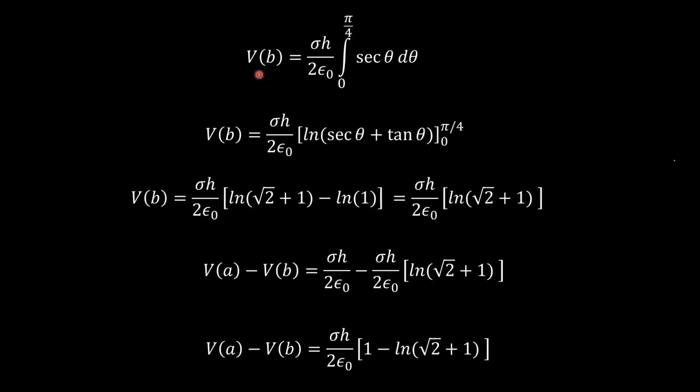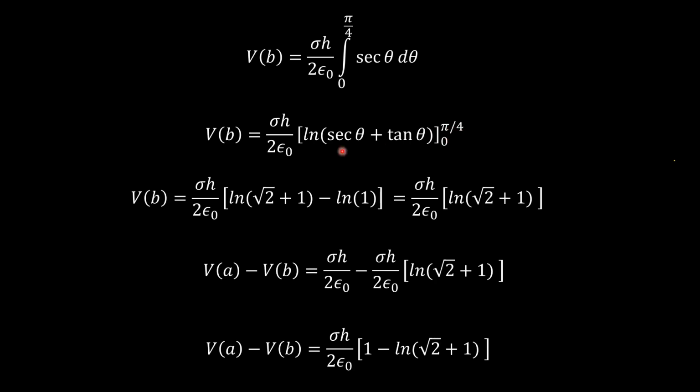Now we have to integrate this one. So if you integrate secant theta, you will get natural logarithm of secant theta plus tan theta. Now you have to apply the limit. Lower limit is 0, upper limit is pi by 4.